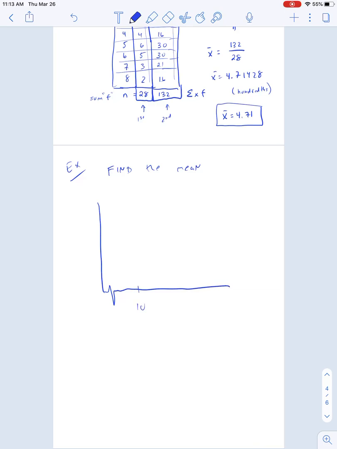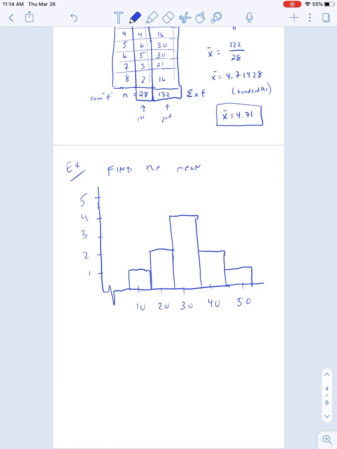So how about we have 10, 20, 30, 40, and 50, and we have 1, 2, 3, 4, and 5. We see 10 one time, 20 two times, 30 four times, 40 two times, and 50 one time. So we want to find the mean here.